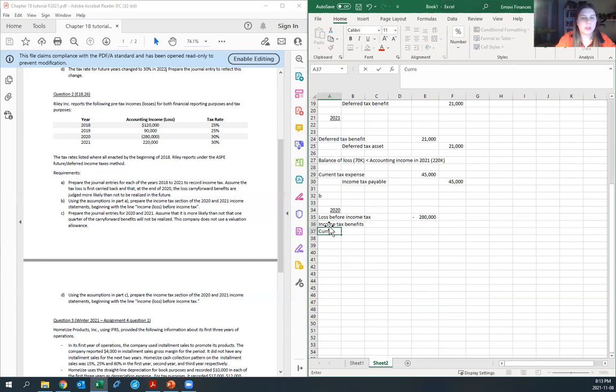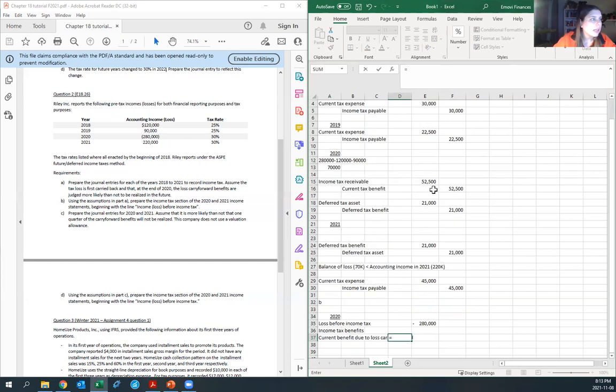So you have your current benefit due to loss carry backward, and that's going to be 52,500. And you're going to have your future benefit due to loss carry forward. And that's going to be your 21,000 here.